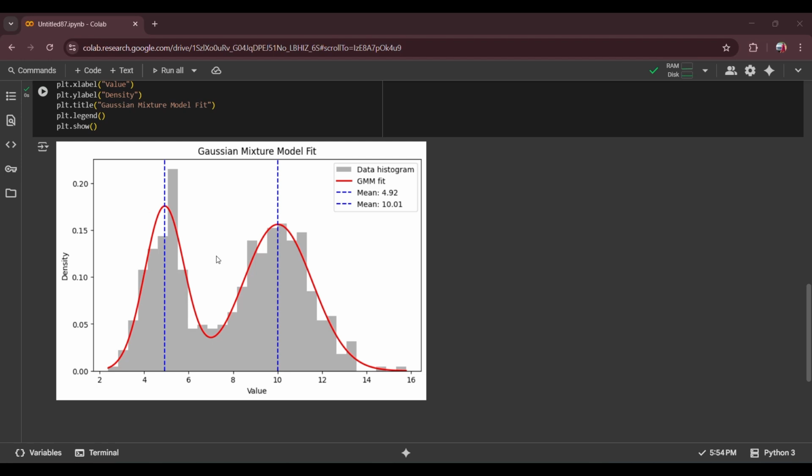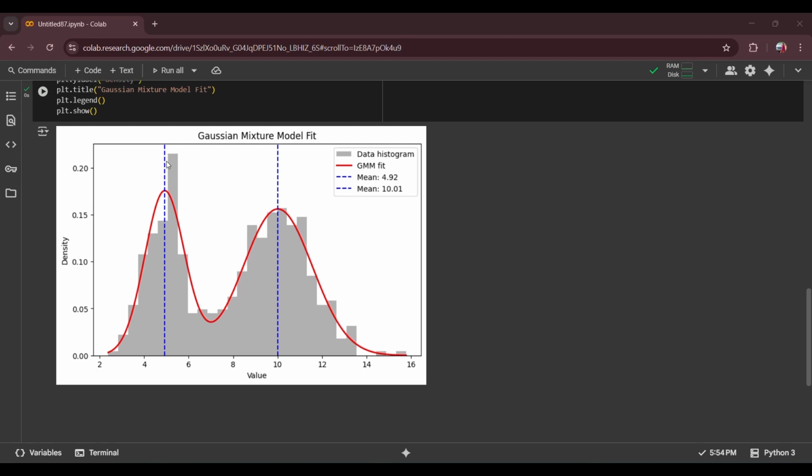This shows the combined probability density from both Gaussian components. These blue vertical lines are at the mean of each Gaussian, and they mark the centers of the two clusters. So this is the data histogram, this red line is the GMM fit, and these blue dashed lines are the means.